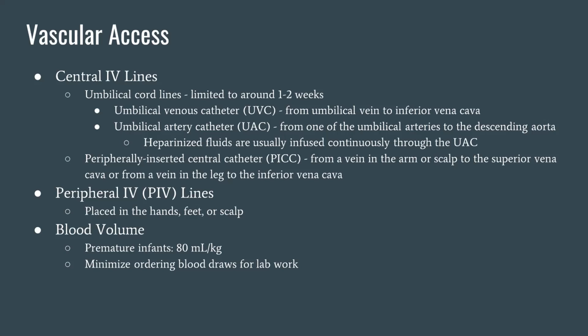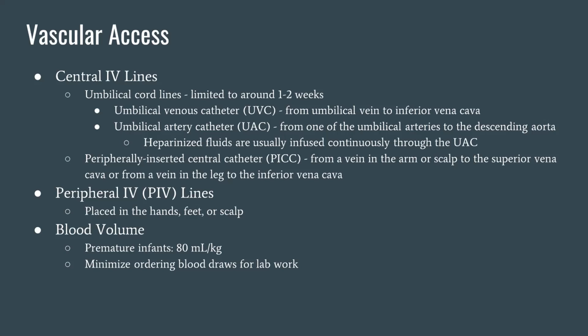So the UVC, or umbilical venous catheter, is used to give medicines, parenteral nutrition, anything that we want quickly distributed throughout the body. It also allows us to have more hypertonic solutions. So that's a form of central access.